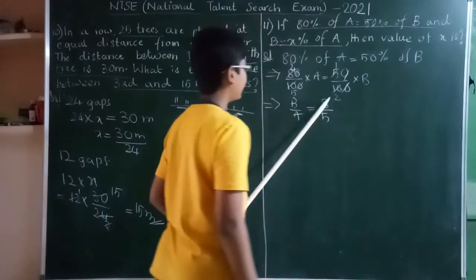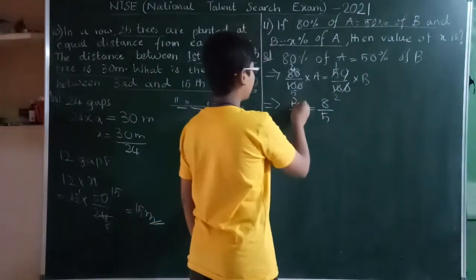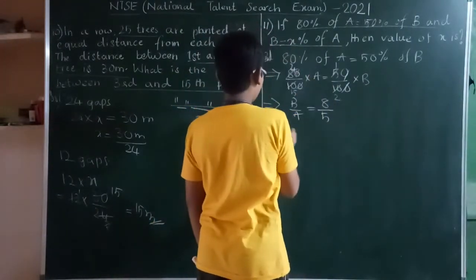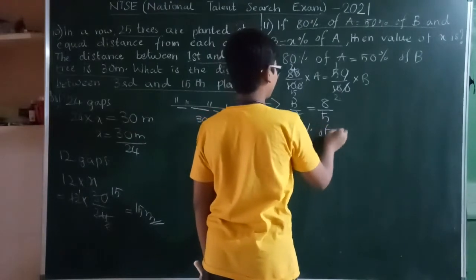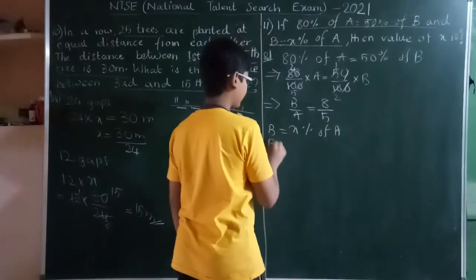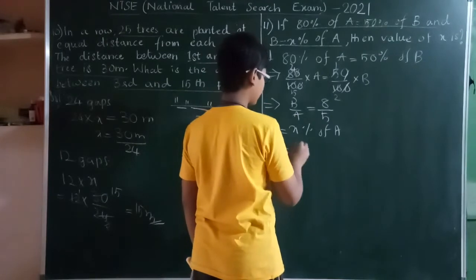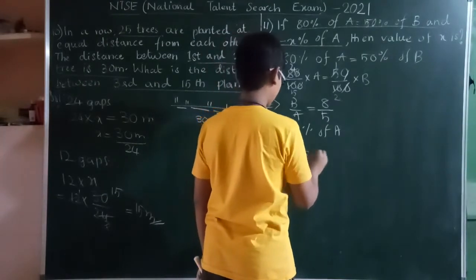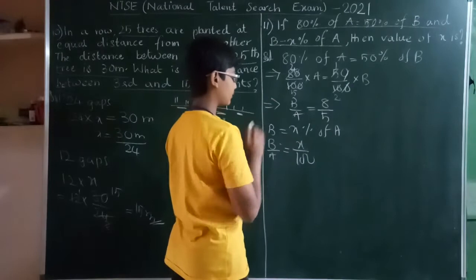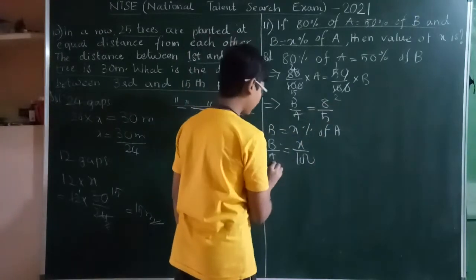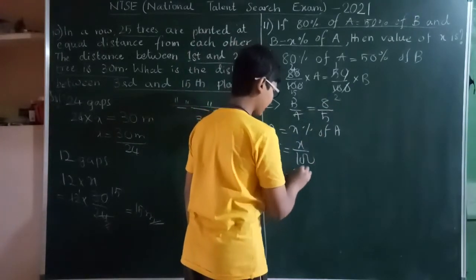Okay, 8 by 5. Now given B is equal to x percent of A. Now B by A is equal to x by 100. B by A is nothing but 8 by 5, so 8 by 5 is equal to x by 100.